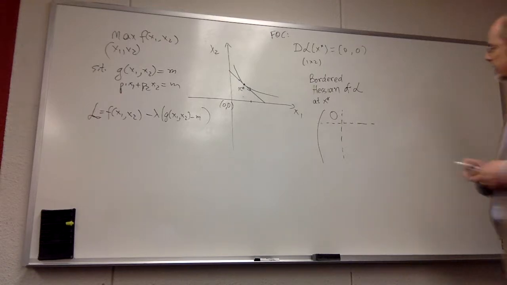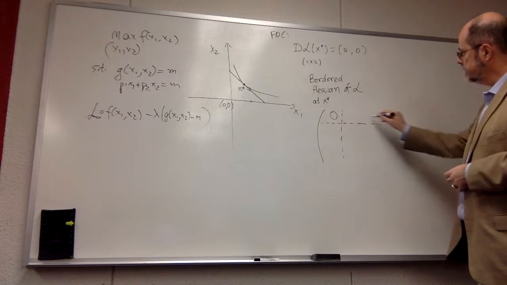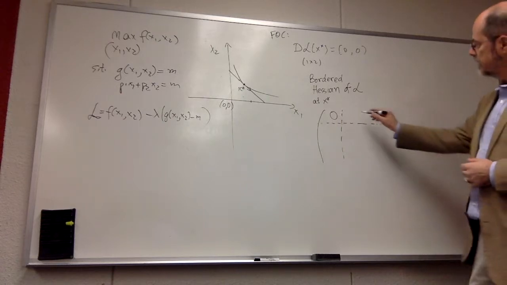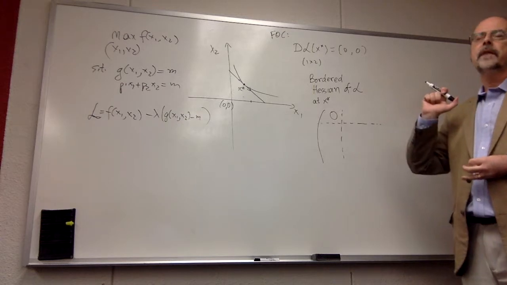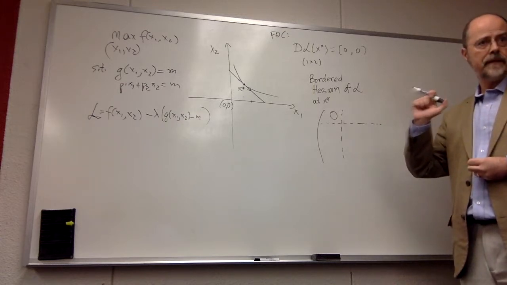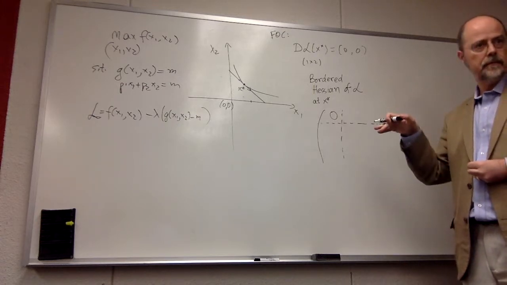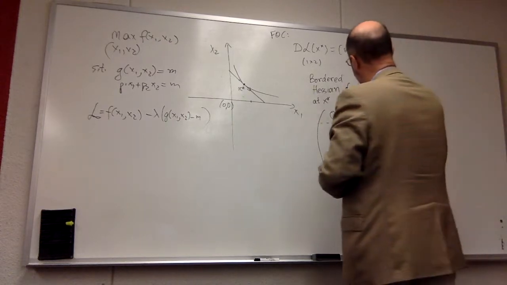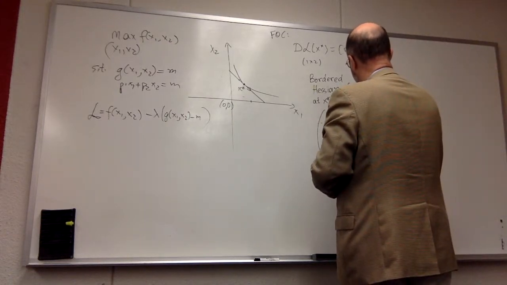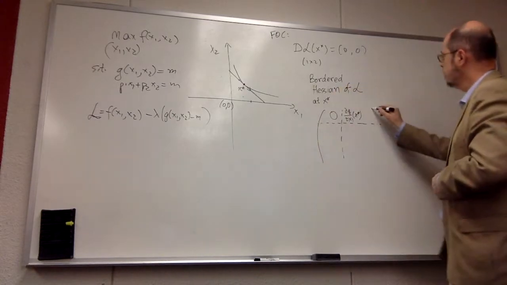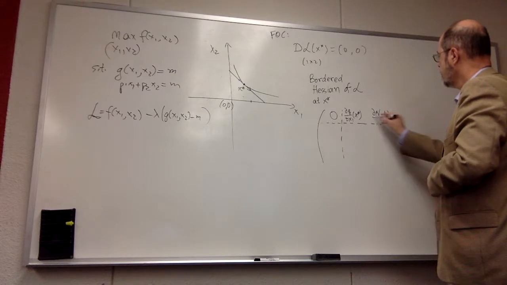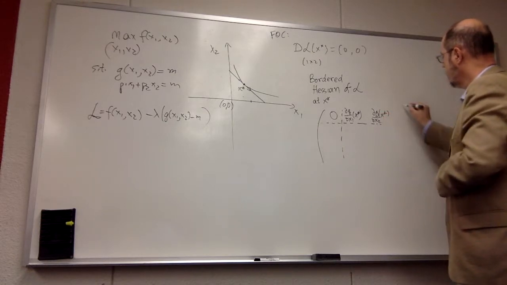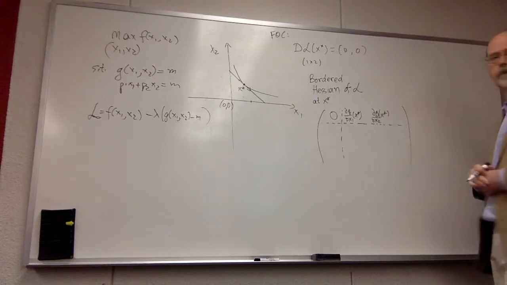So, what I'm going to put here are the first order partial derivatives of the constraint with respect to x1 and x2, evaluated at x star.